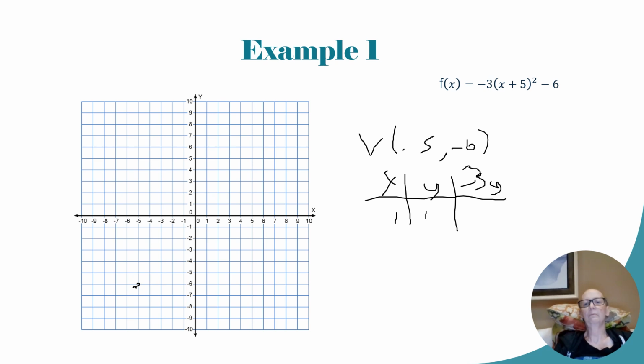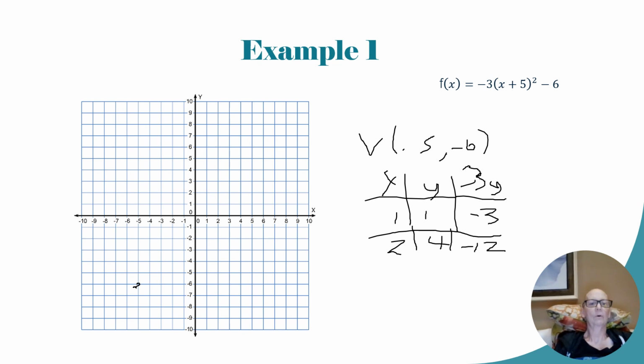But we're going to do -3. For 2, 2 squared is 4. And then 4 times -3 is -12. So we're not going to be able to go any further.